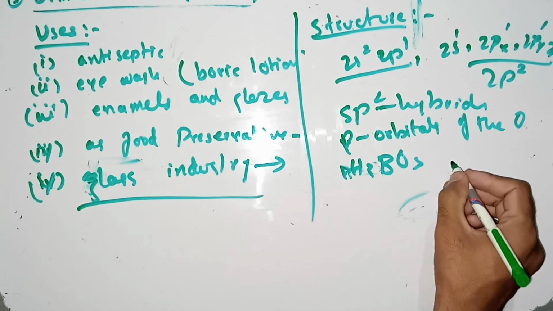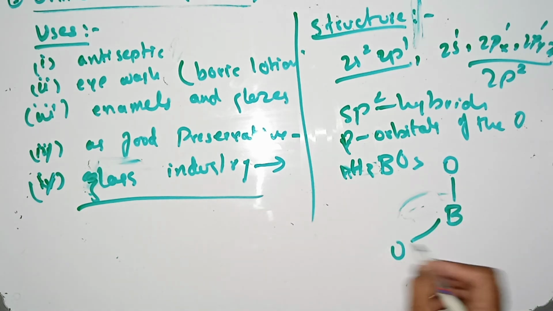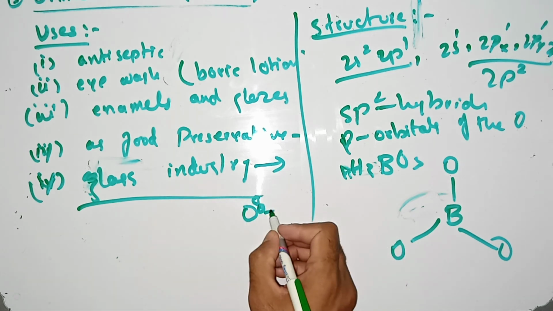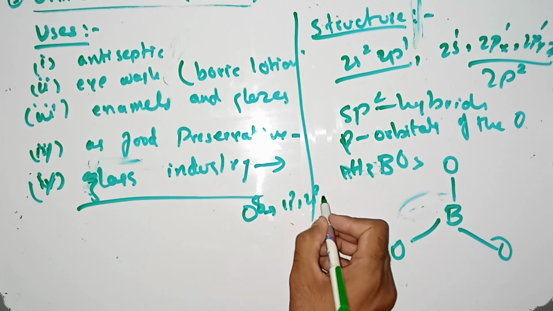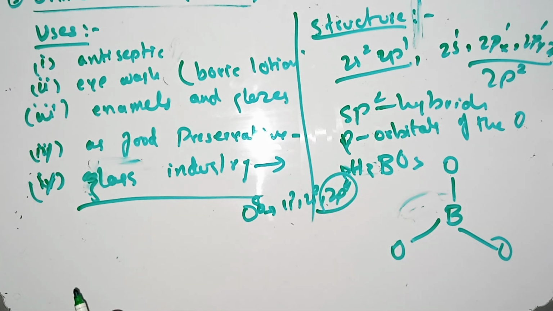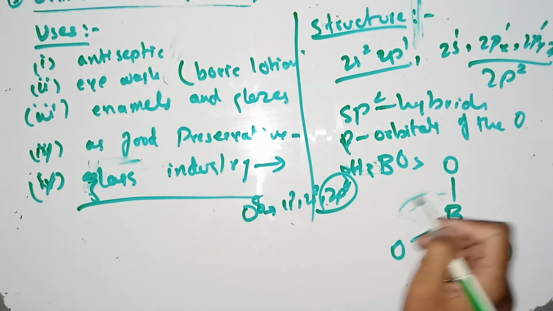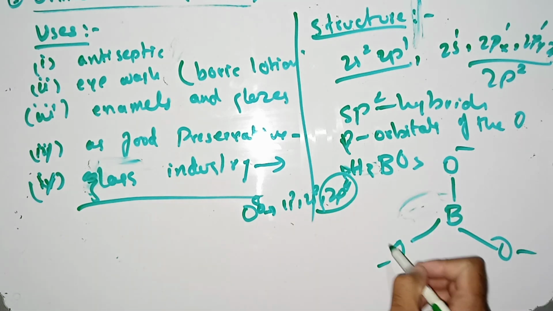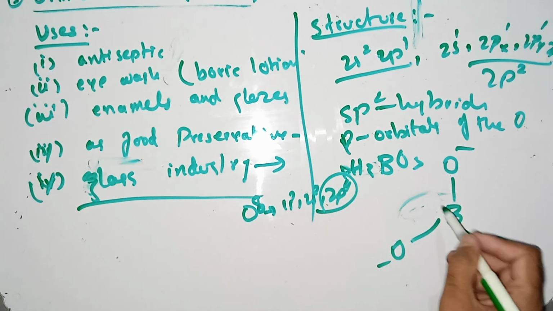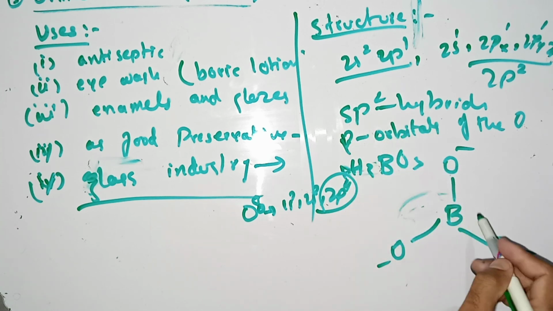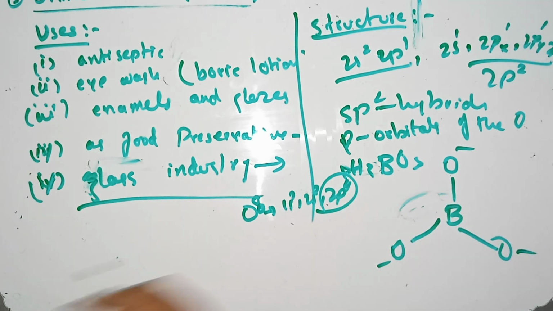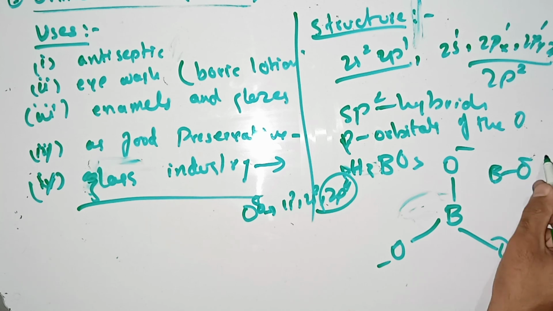That is boron, and that is one oxygen. Oxygen has 8 electrons, so its electronic configuration is 2s2 2p4. One p orbital of oxygen overlaps with one sp2 hybridized orbital of boron, so boron makes 3 B-O bonds with the 3 oxygens.